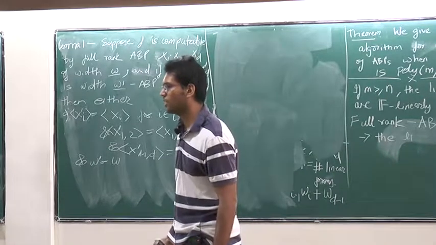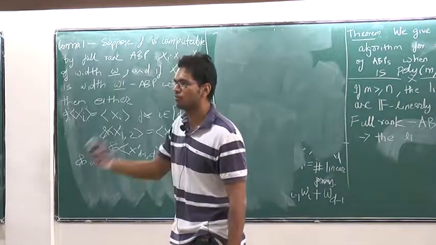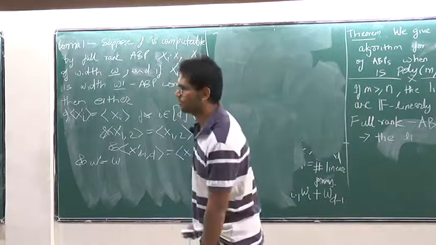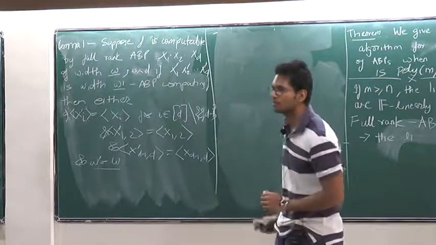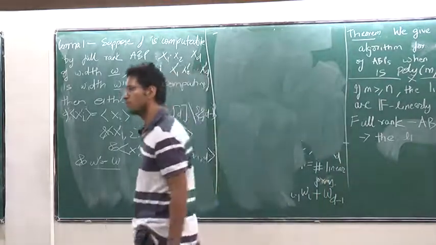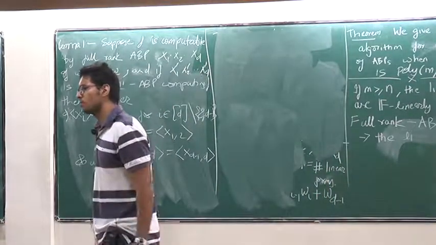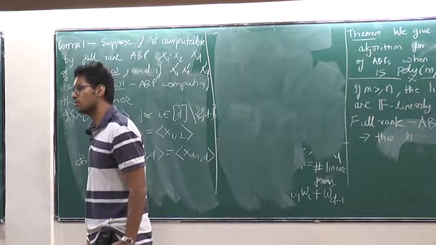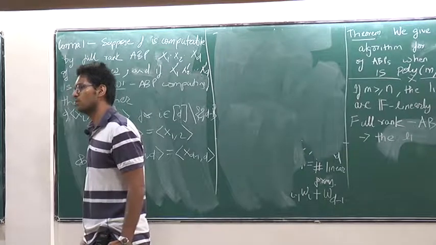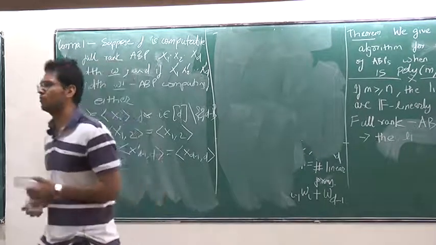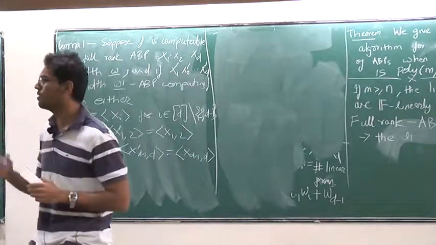Yes, exactly. That is why we are able to recover the W as well. So this W prime equal to W is also crucial. If you have an arbitrary homogeneous polynomial, you cannot give a full rank ABP for it. Full rank ABP models are incomplete.